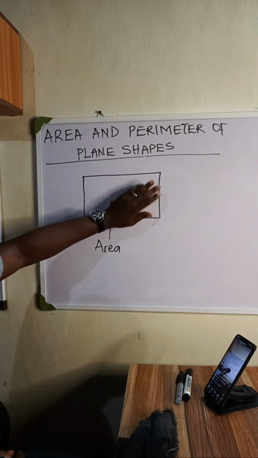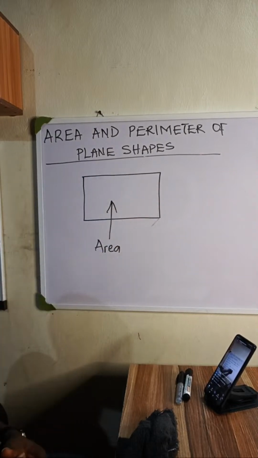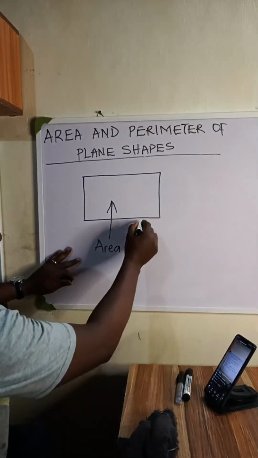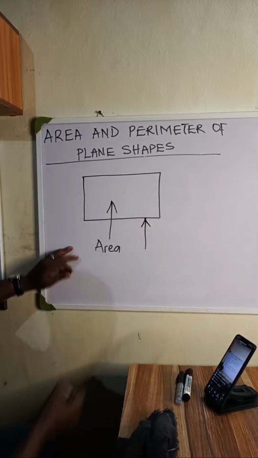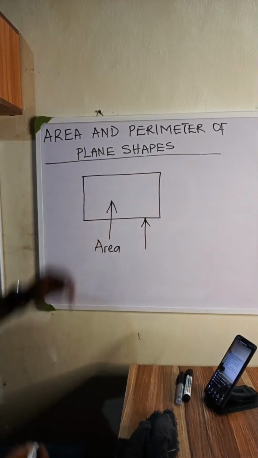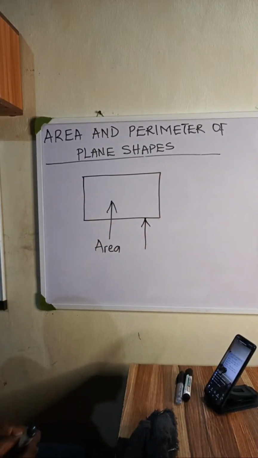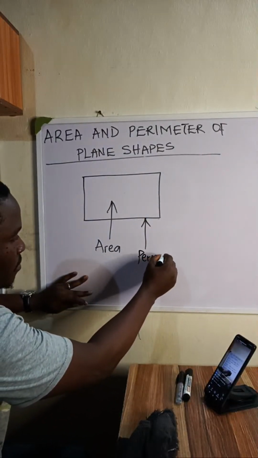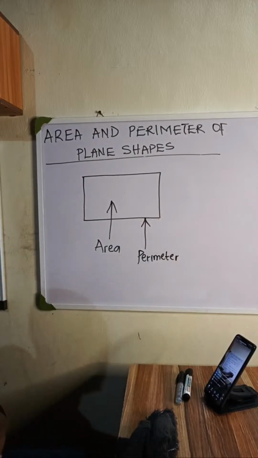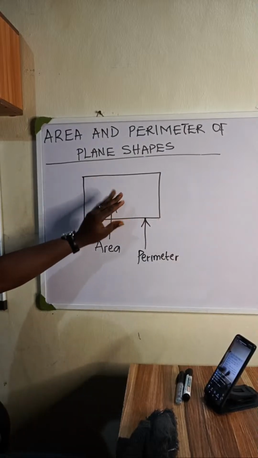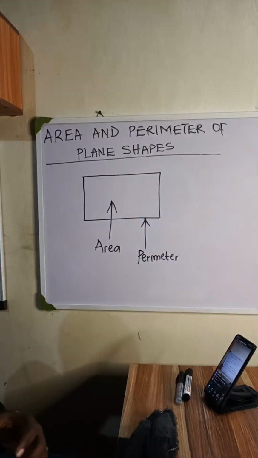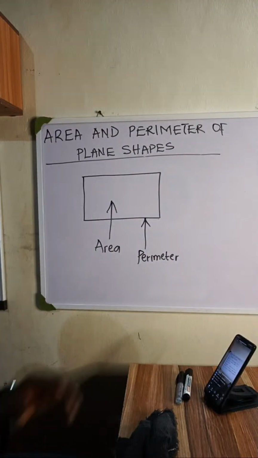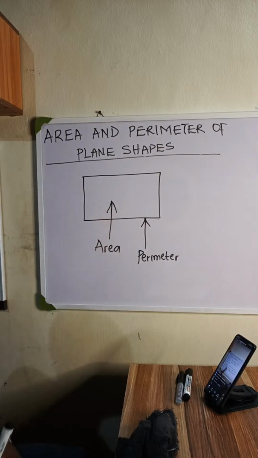Then the perimeter is the sum of the four lines surrounding this empty space. The empty space inside is called the area. The sum of the four lines around that area is called the perimeter.